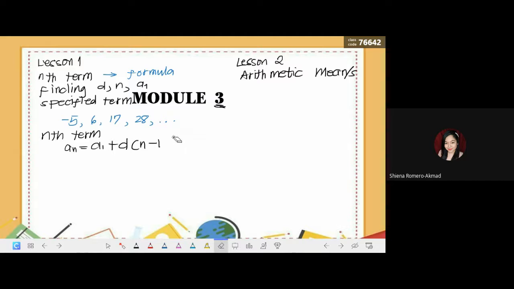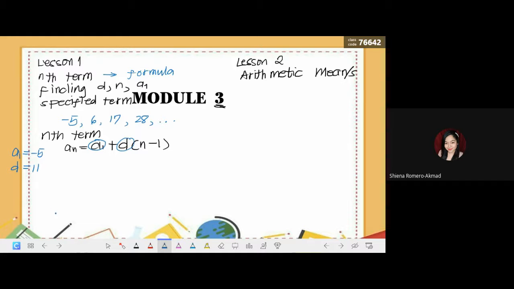So, yun yung general term ng arithmetic sequence. Now, ano yung substitute natin dito? Ang substitute natin dito ay yung first term at yung difference. Okay? So, ano ba yung first term natin? Yung first term natin is negative 5. And yung difference natin is 11.